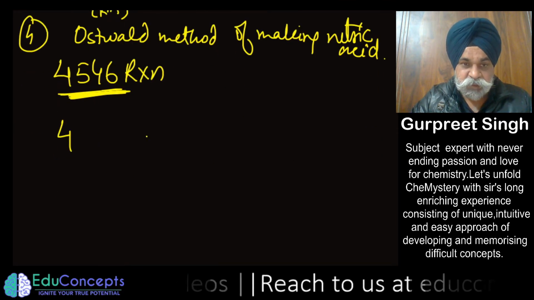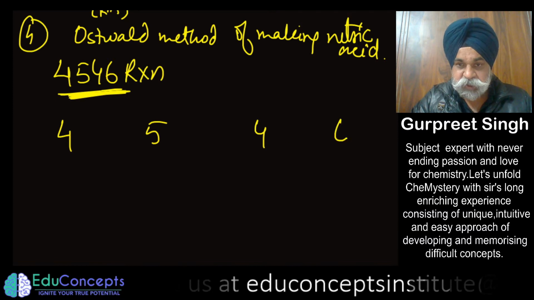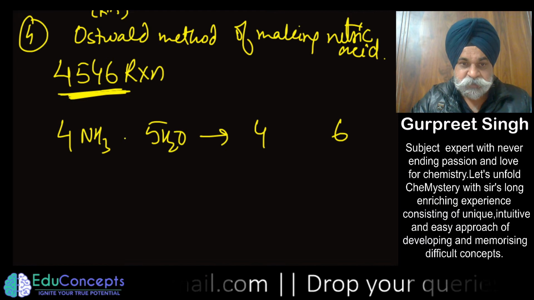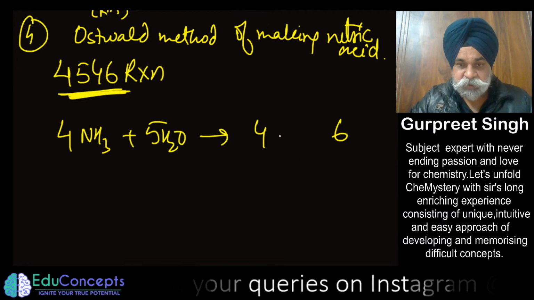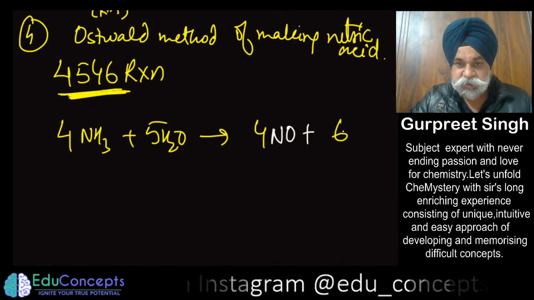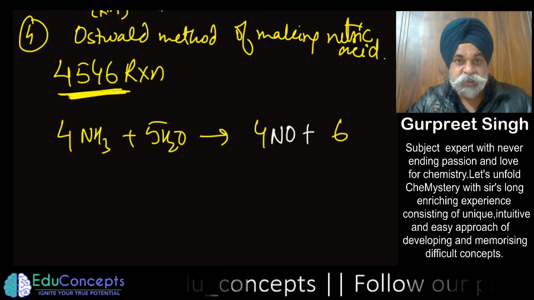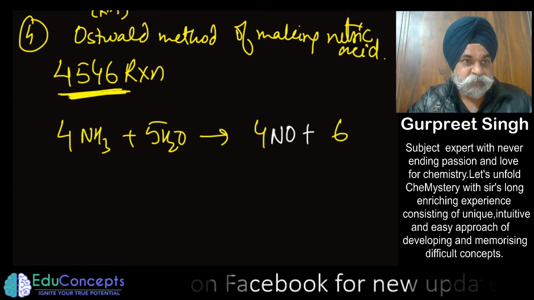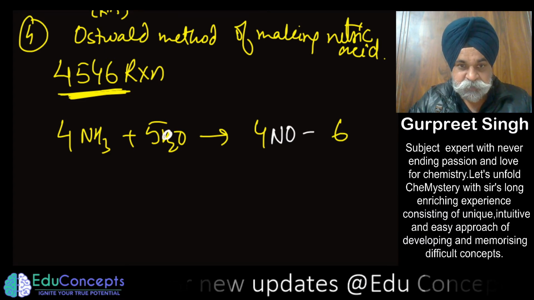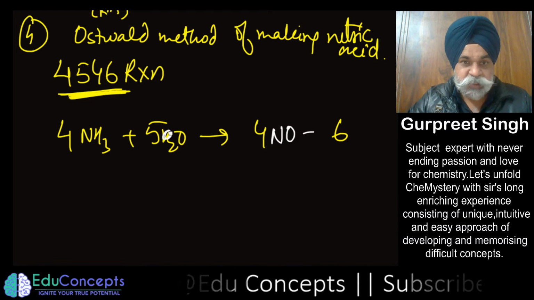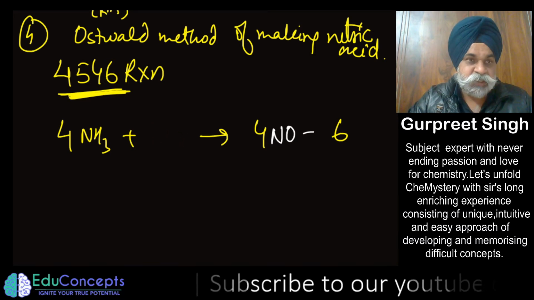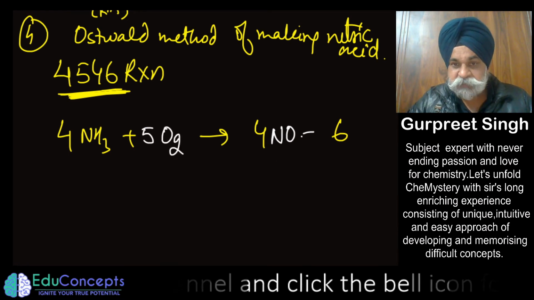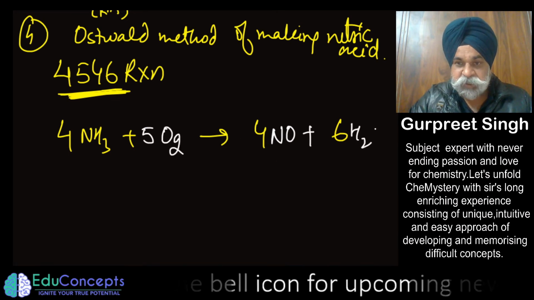So 4546, what exactly is it? 4 moles of ammonia and 5 moles of oxygen treated together, so you end up getting NO and water.